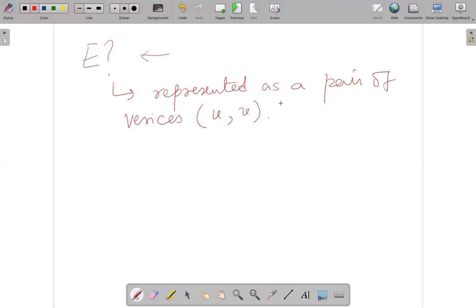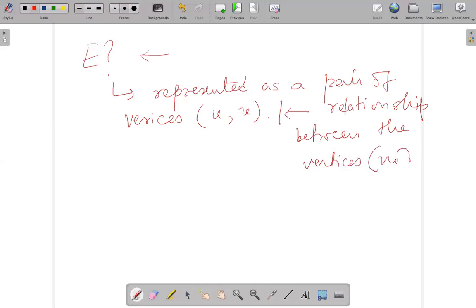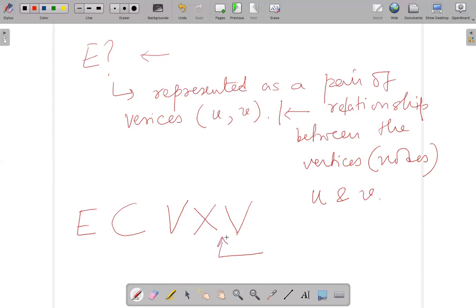You read this as there is a relationship between the vertices, sometimes vertices are also called nodes, between the vertices U and V. Therefore, E is in specific a subset of V cross V. Immediately, I think this takes you back to the idea of relations.